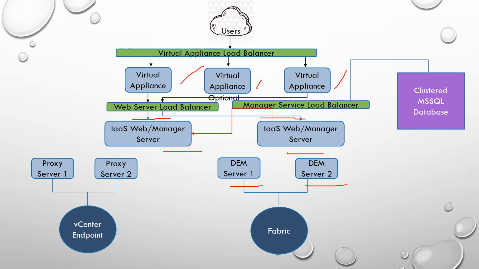Also, the number of DEM workers in a DEM host depends upon the requirement of each DEM worker and the specification of your DEM host. You can have all your DEM workers running on a single DEM host, but it's better to distribute them so that in case your DEM host goes down, you will still have some DEM workers running on a different DEM host.